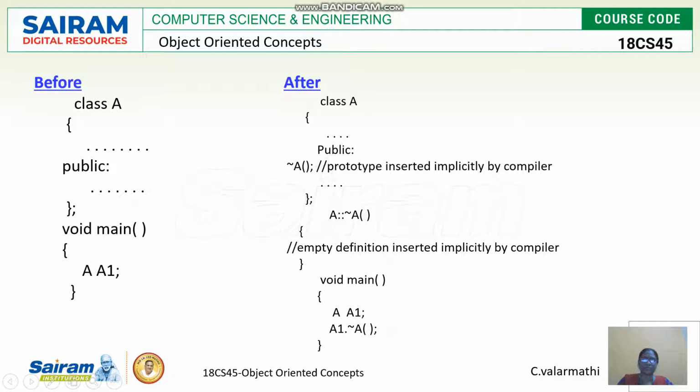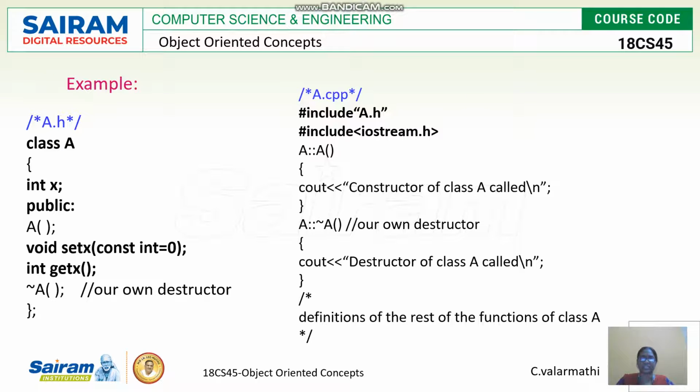Similarly, in void main, A of A1 creates the object, and at that time the constructor will be called. At the end, when the work is done, the tilde of A is called, and at that time the destructor is called.